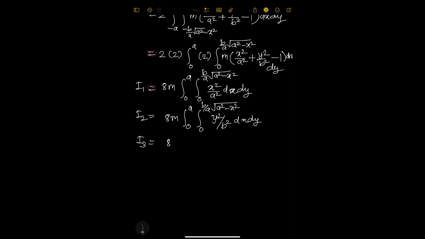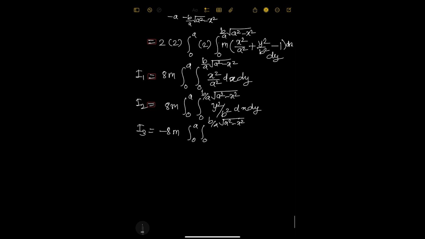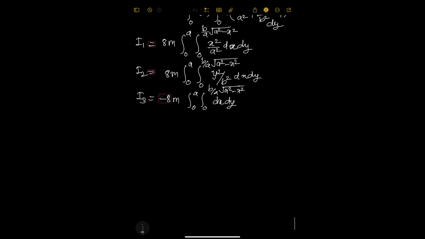The third integration is minus 8m into 0 to a, 0 to b by a root a square minus x square, dx dy.